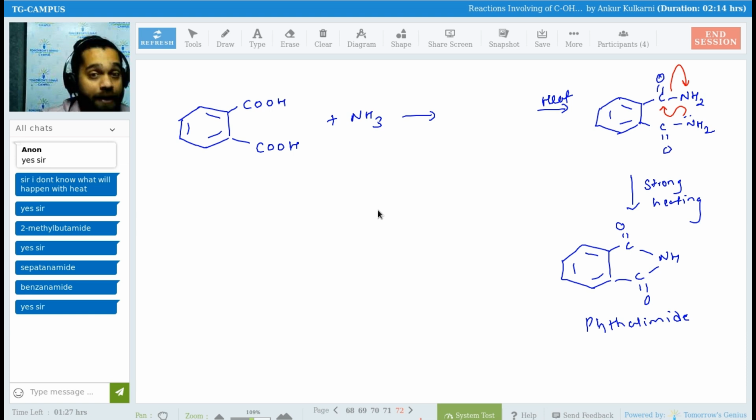Come on, write it down. Write down the salt also: NH4 plus, COO minus, NH4 plus, at both the carboxylic acids.